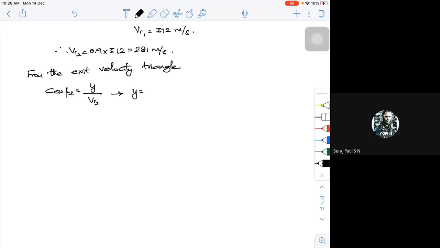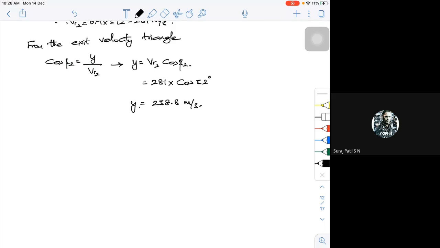So y is equal to VR2 into cos beta 2. So VR2 is 281, beta 2 is 32 degrees. Okay, let me find that. 281 into cos 32, I am getting 238.8 meters per second. This is the value of y.